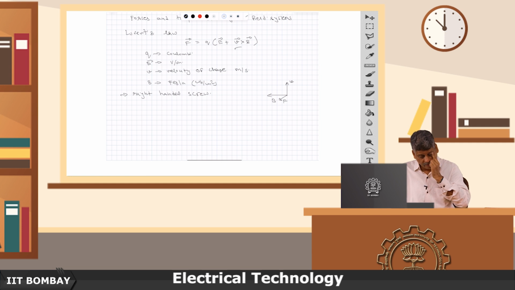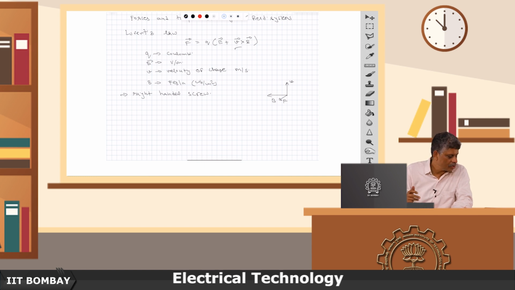So, one way of explaining it which I usually take is that I take a right handed screw and then rotate it from V to B, because it is V cross B, and I see which way it is moving, and it is moving towards me. So, therefore, F is like that.